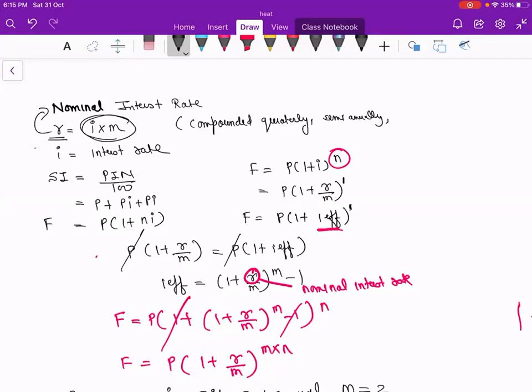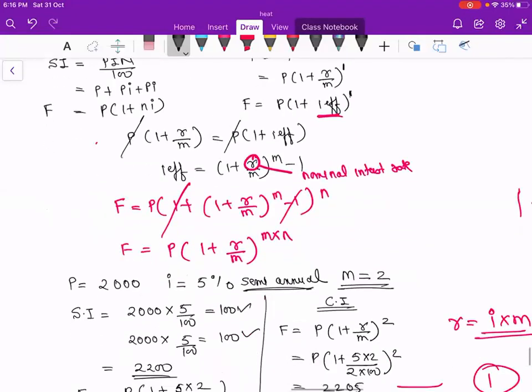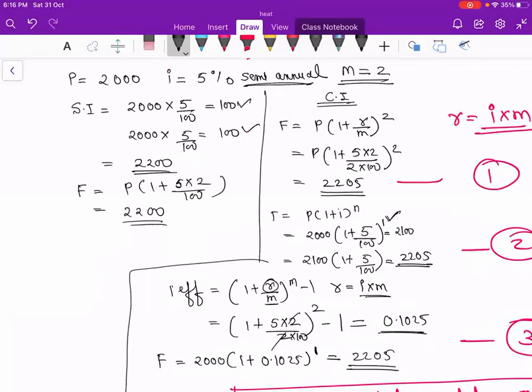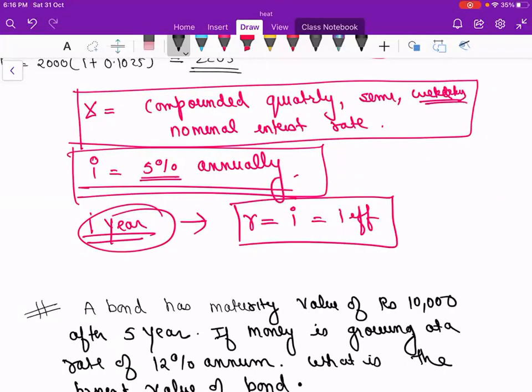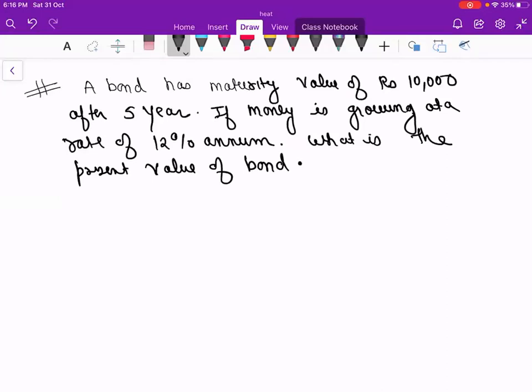Okay, Avoy Kumar, correct answer. I think everyone is getting the answer. Solve it, other students.